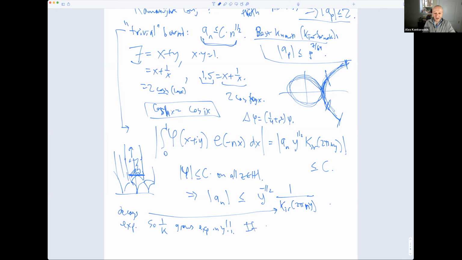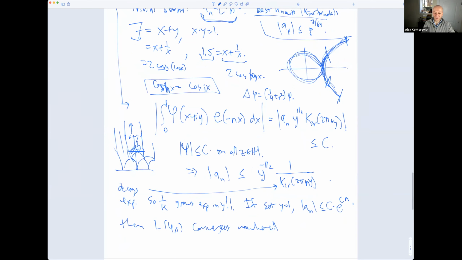If I set y equal to 1, I get that a_n is bounded by some constant to the n, which would give me then the L-series, L(phi, s), converges nowhere. I have no region of convergence. I'm summing a_n over n to the s, with the a_n's growing exponentially. For what values of s can I get absolute convergence? Nothing.